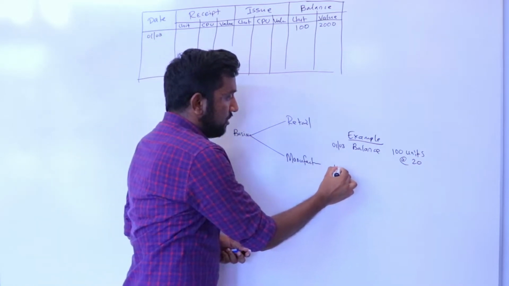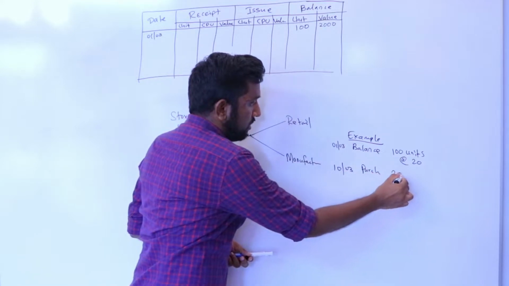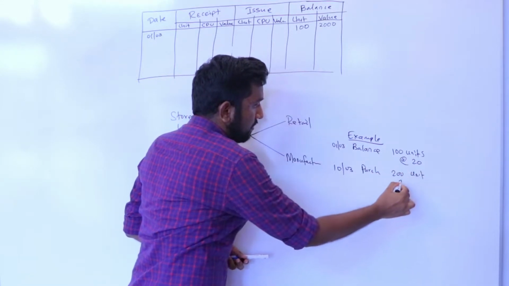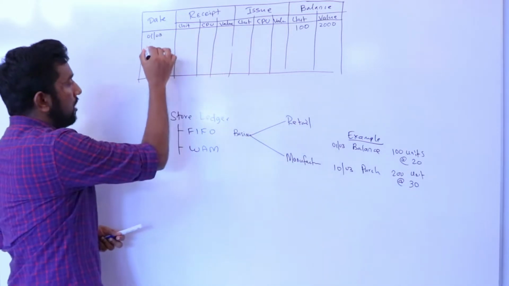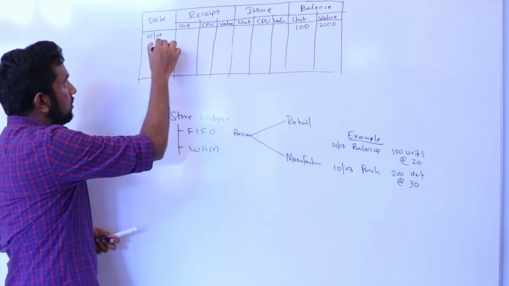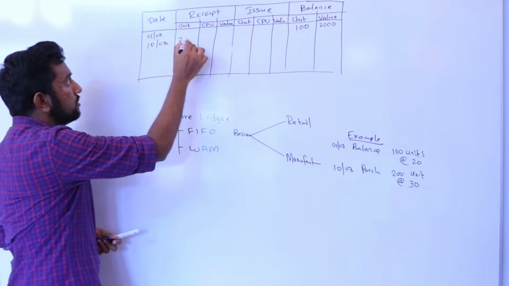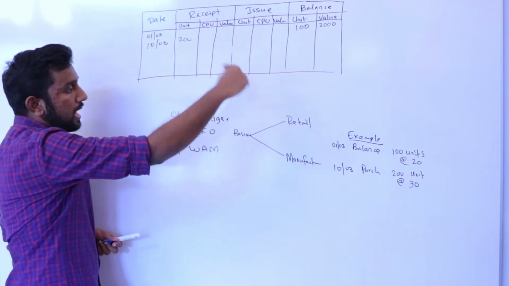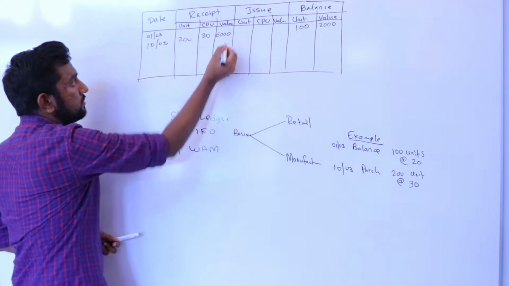Then let's say on the 10th of March I purchase again 200 units at the price of 30. So I'll record that: on the 10th of March I received 200 units at the price of 30, so the amount is 6,000.